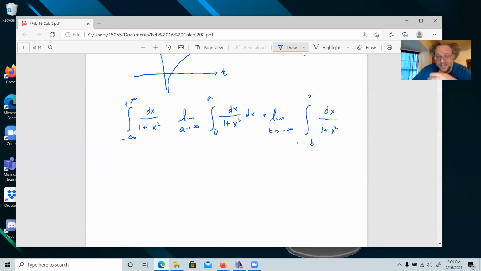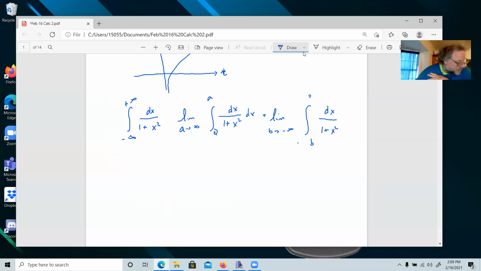I said negative infinity to positive infinity had a middle, but there isn't really any middle. Any point you happen to take is the middle between negative infinity and positive infinity. So pick a convenient point, and since I know what this integral is going to be, 0 happens to be convenient. 0 is convenient for a lot of integrals. So I recommend the 0, but you do what you want.